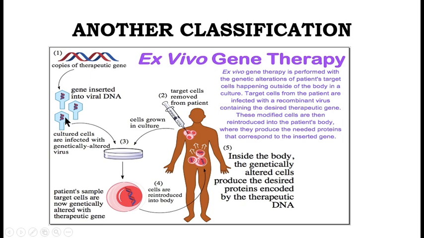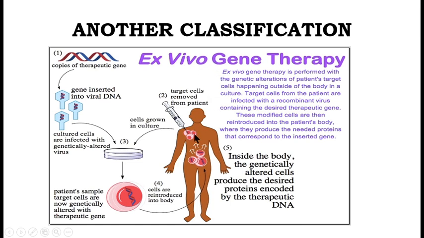So these viruses are going to insert the therapeutic gene into these cells that you have removed from the patient, and once the cells have been modified with the therapeutic DNA, they are reinserted into the patient's body, and the therapeutic gene is going to produce therapeutic RNA and hence therapeutic protein, thereby treating the disease condition. So this is known as ex vivo.